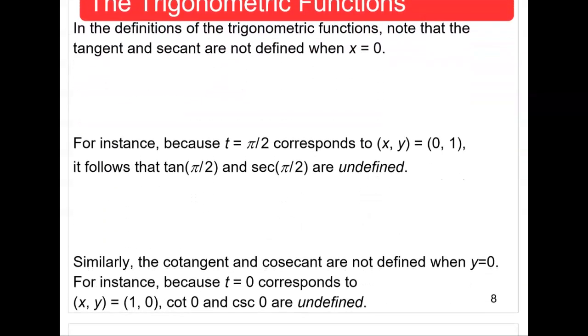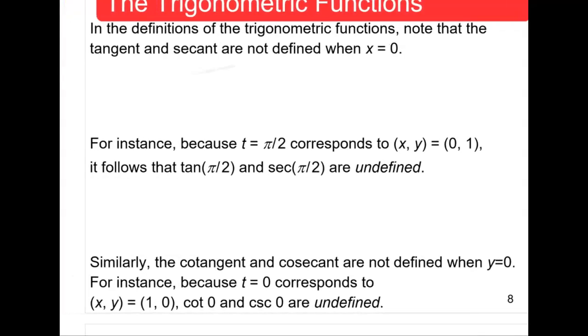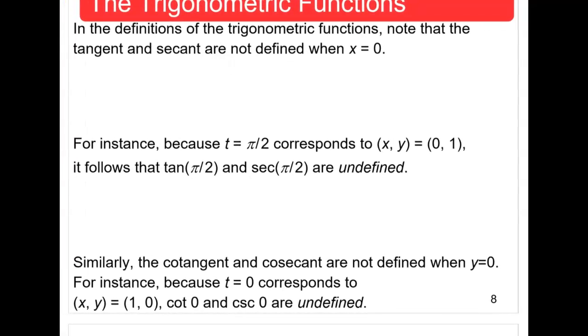So in the definitions of trigonometric functions, note that the tangent and secant are not defined when x equals 0. So I'm going to rewrite those two. We're talking about tangent, and tangent, I'm going to use the abbreviation, is defined as y over x.